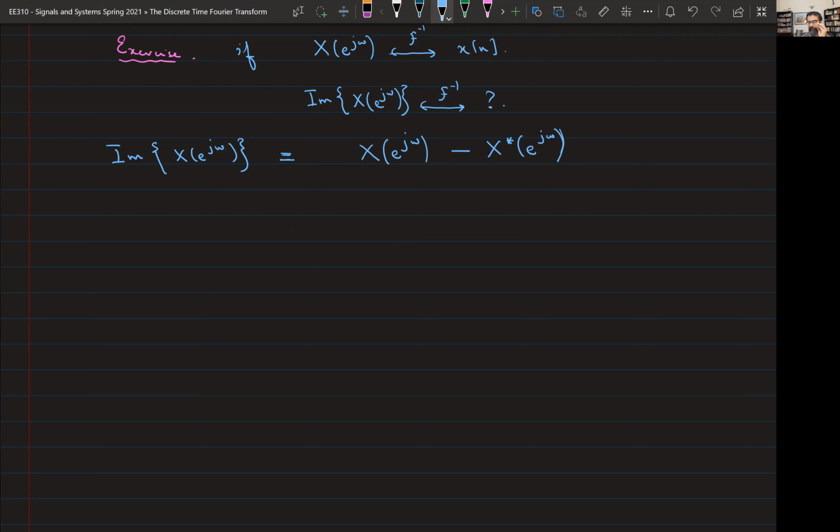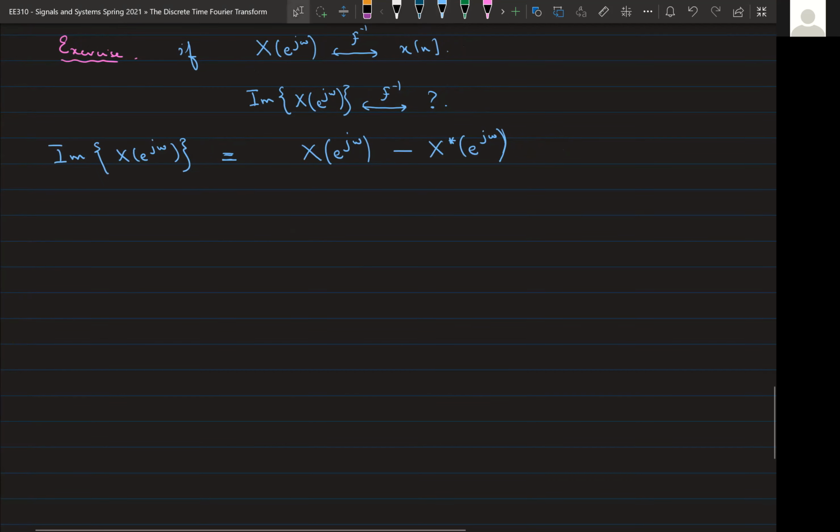If I subtract the conjugate of a complex number from the complex number, the real parts cancel, right? The real parts are going to cancel. What about the imaginary parts? That will be minus 2 times... oh yes, plus 2 times, right?